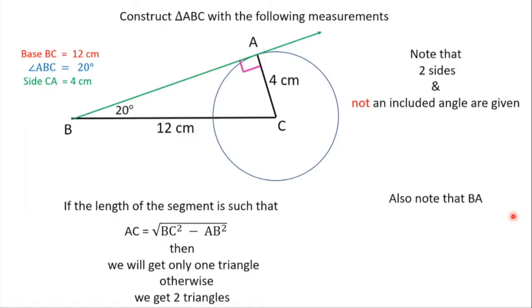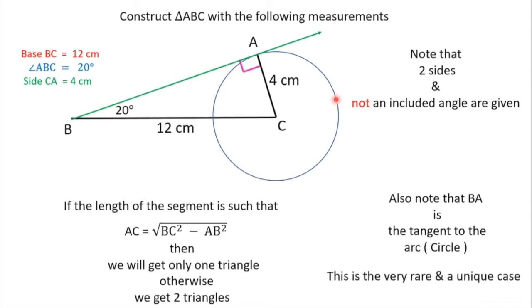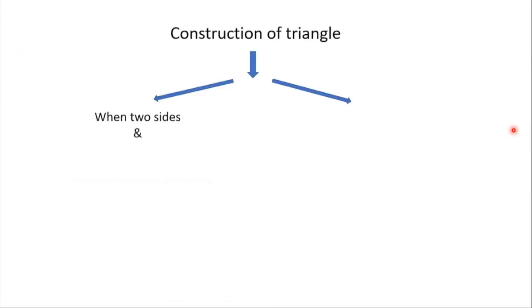Also note that BA is the tangent to the circle or to the arc. So this ray is the tangent to this arc or to this circle. This is a very rare and unique case. Please try to remember this. Two sides and an included angle are given.